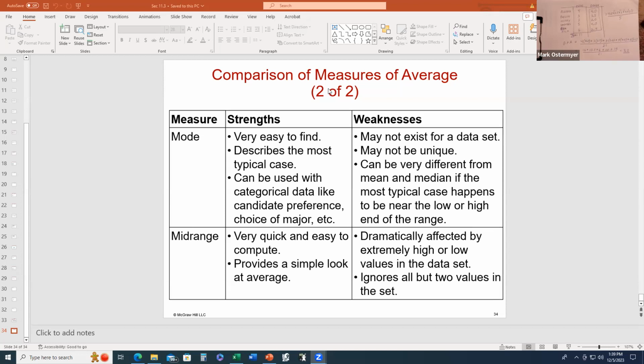For instance, if you have colors of cars, you have 10 cars that are red, 5 cars that are blue, 1 car that is green. What would be the modal color for that data set?